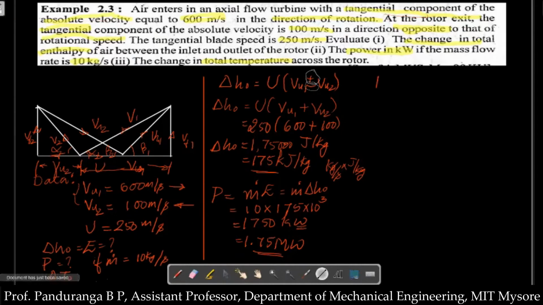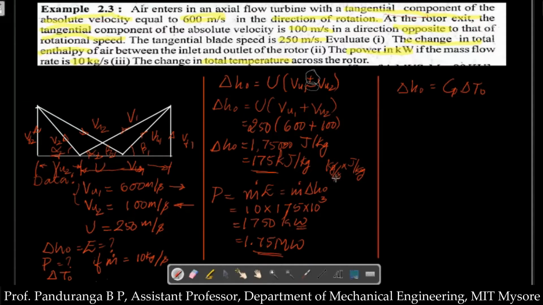Now we need to find out the change in total temperature. So for that, here delta H naught will be equal to Cp into delta T naught. If you remember thermodynamics, you had studied this equation. Delta H naught will be equal to Cp, that is specific heat at constant pressure, multiplied by delta T naught.